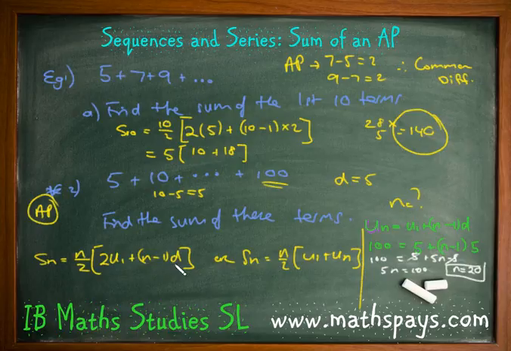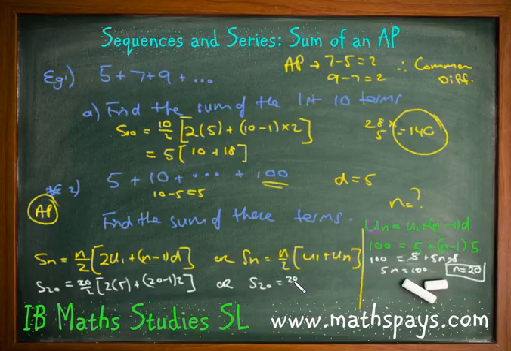Because here I've got my d, I can say S20 equals 20 on 2 times 2 lots of 5 plus 20 minus 1 times 2. Or I could even use this one, which is probably a little bit quicker. S20 equals 20 on 2, the first term, which is 5, my last term is 100, which is going to be 10 times 105, which is going to be 1050. In either case, you should have got that as your answer.